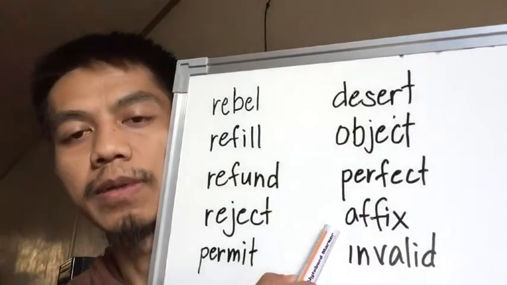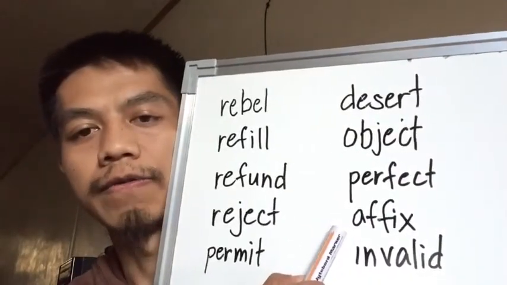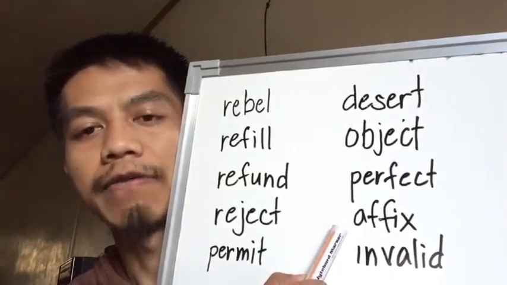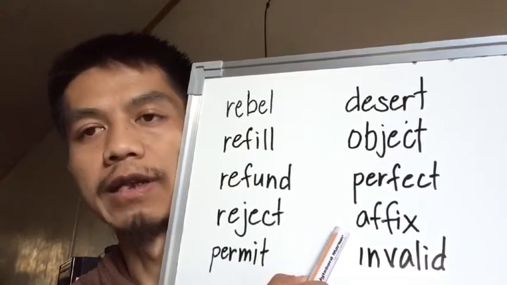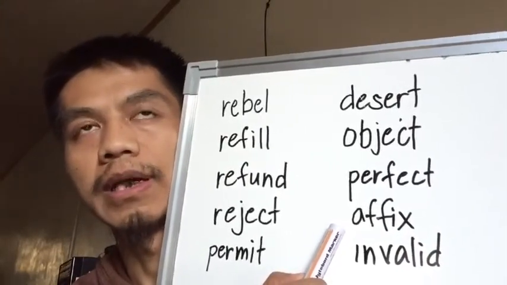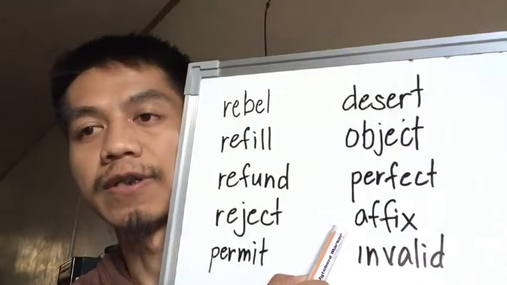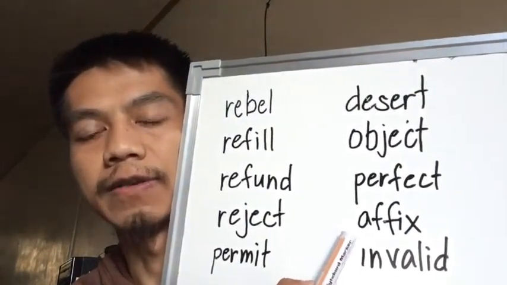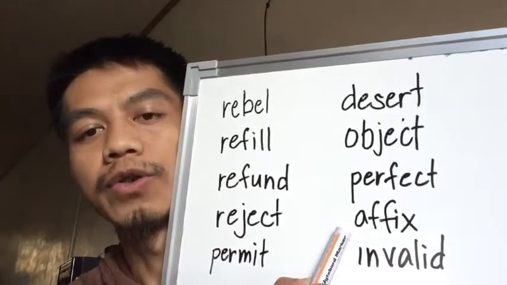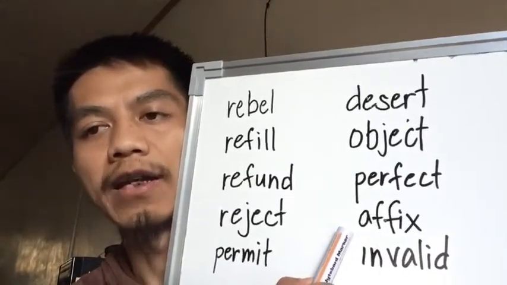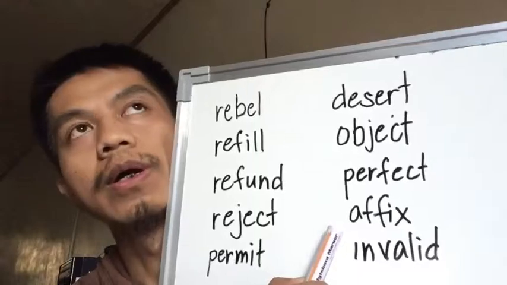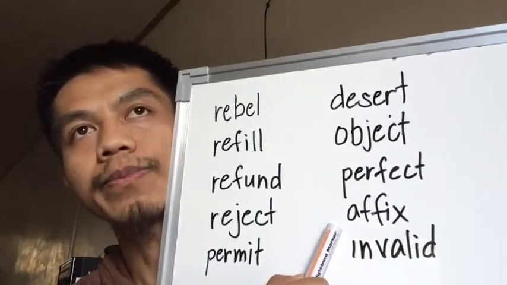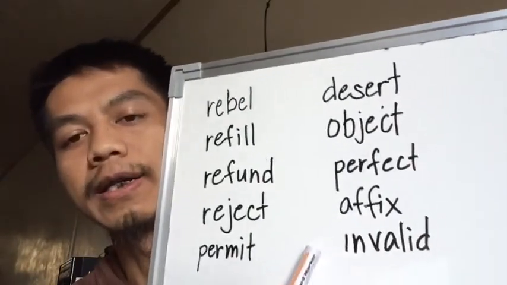Okay, the next word can be either affix or affix. An affix is a unit of a language, for example, suffixes and prefixes and infixes. Those are the kinds of affixes. Now, to affix usually means to add.